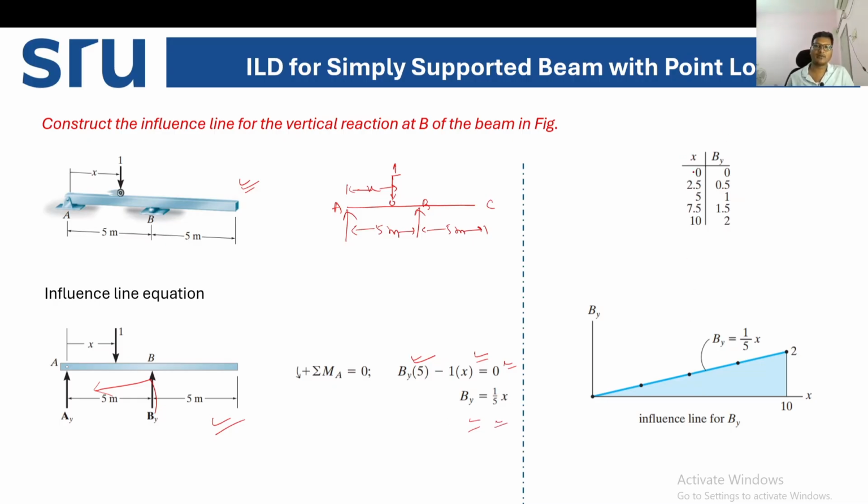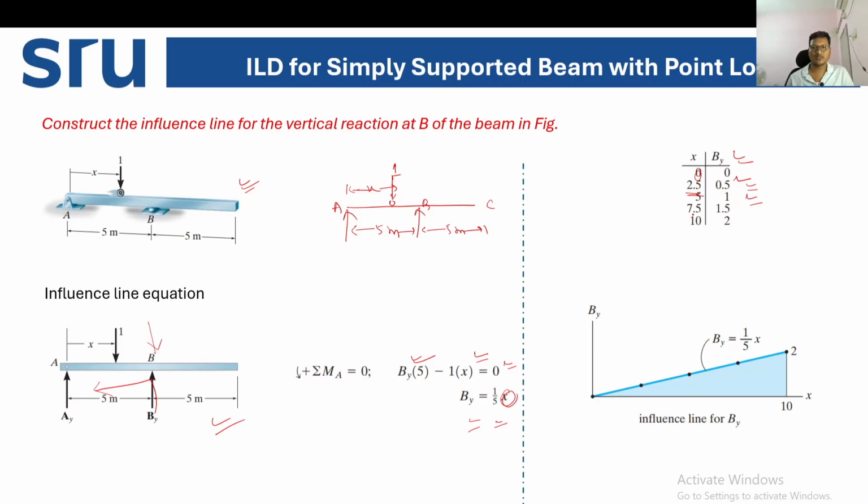Now I will draw the table at different x values. What will be the value of By? If x is equal to 0, By is 0. If x is equal to 2.5, put the value of x is equal to 2.5 here, so 0.5. If x is equal to 5, point load is at point B, so what will be the reaction at B? Put 5, so 5 by 5 that is 1.